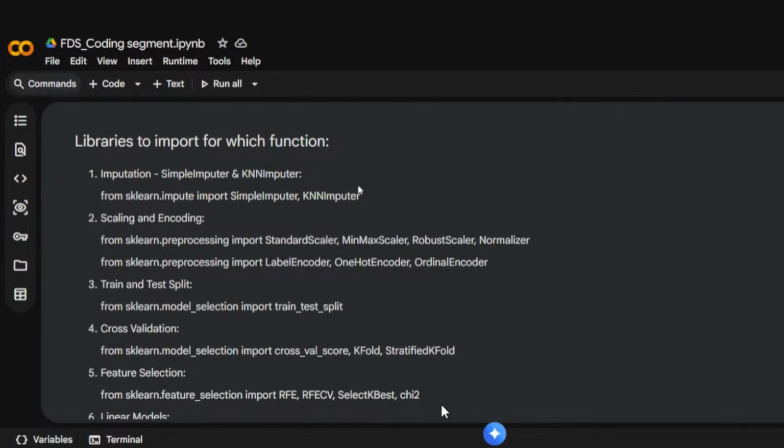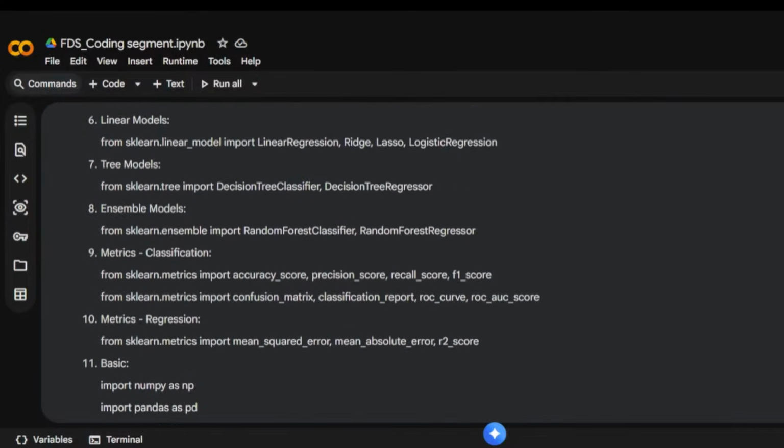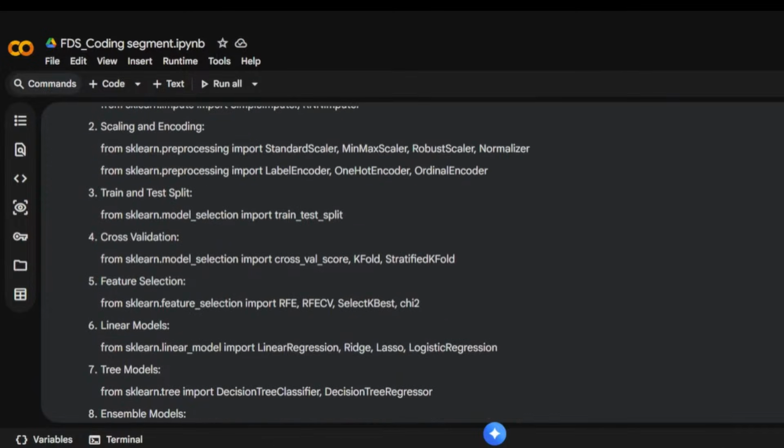Okay, guys, we'll be starting with the coding session right now. First, we'll start off with a small cheat sheet that we've made for you so that you know which libraries to import when you're calling which function. Mostly, you won't be using all of these. It's a cheat sheet that has everything you would have learned throughout this.